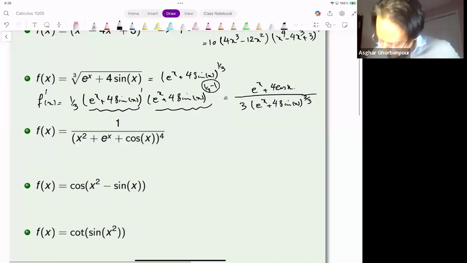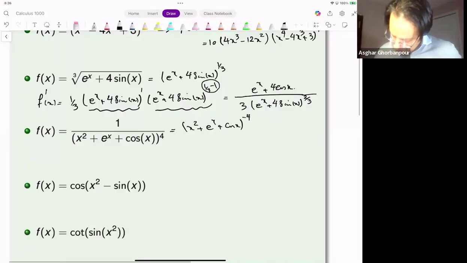This function here is (x^2 + e^x + cosine x) to the power negative 4. So then the derivative is going to be negative 4 times (x^2 + e^x + cosine x) to the power negative 4 minus 1.